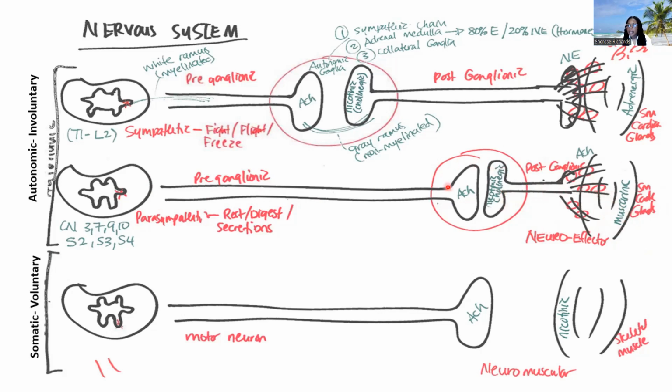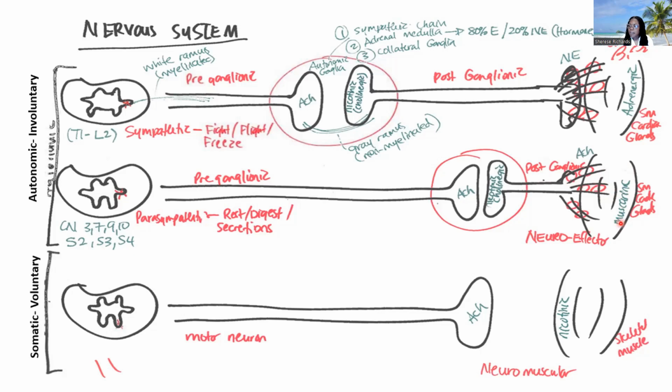Notice that the receptors and neurotransmitters at the ganglia are the same. So acetylcholine being released and then binding to a nicotinic cholinergic fast receptor. Whereas at the neuroeffector junction, the receptor is different. So here it's no longer an adrenergic receptor because the postganglionic neurons here generally are going to release acetylcholine, and then that is going to bind to a muscarinic receptor.